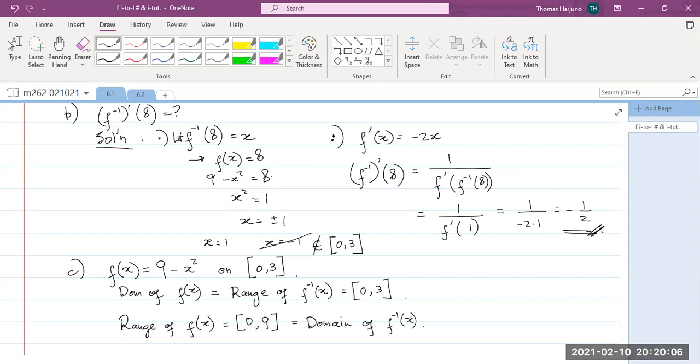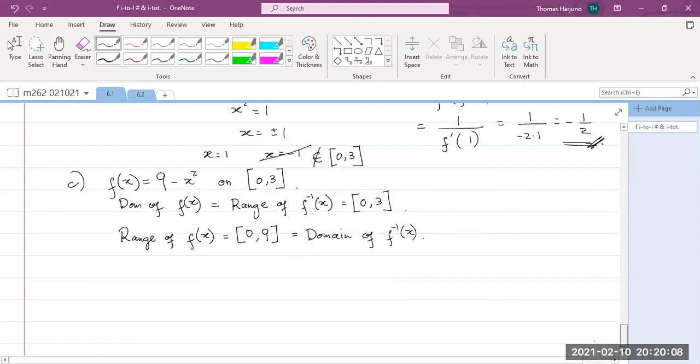Number 45. f(x) is the integral from 3 to x of the square root of 1 plus t cubed dt. Find the derivative of the inverse function at 0.